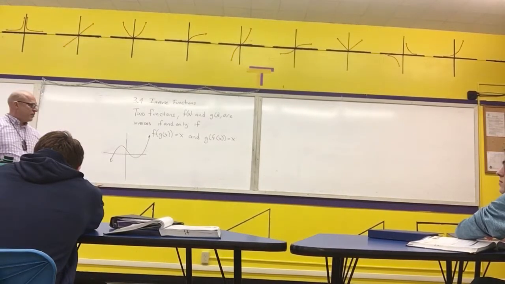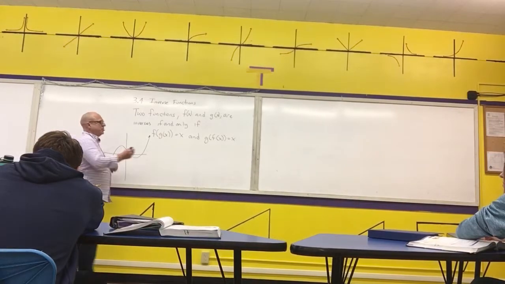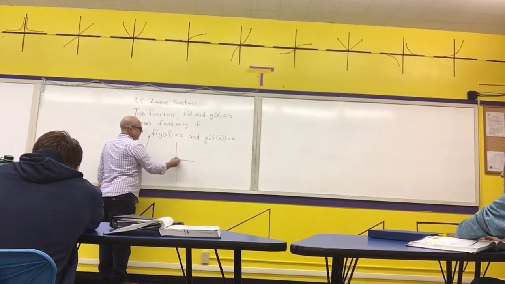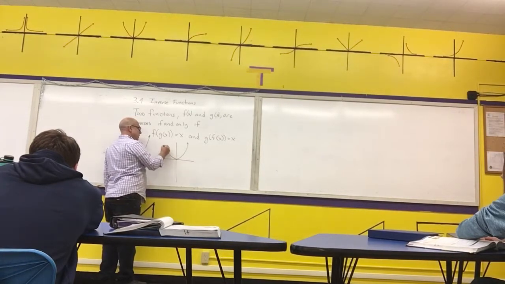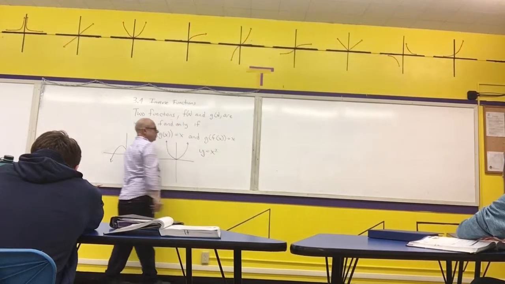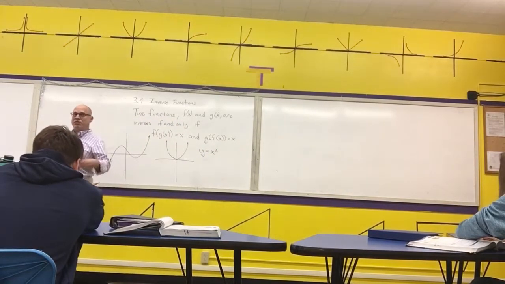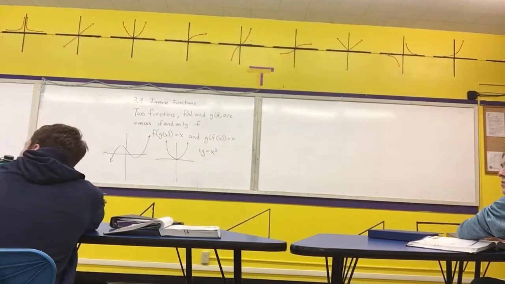Well, here's the thing, if it were to have an inverse, let's do an easier one. What's this a graph of? X squared. Okay, so we have y equals x squared. So what do you think the inverse of y equals x squared would be? Inverse functions undo each other.